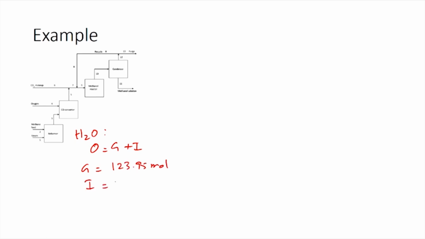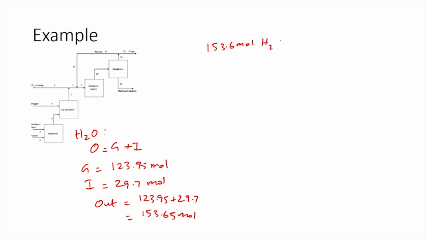We already know input is 29.7 moles coming in through stream 7. This means our output for water in stream 11 would be 123.95 plus 29.7, giving you a value of 153.65 moles. So, 153.65 moles of water is equivalent to 2765.7 grams of water.